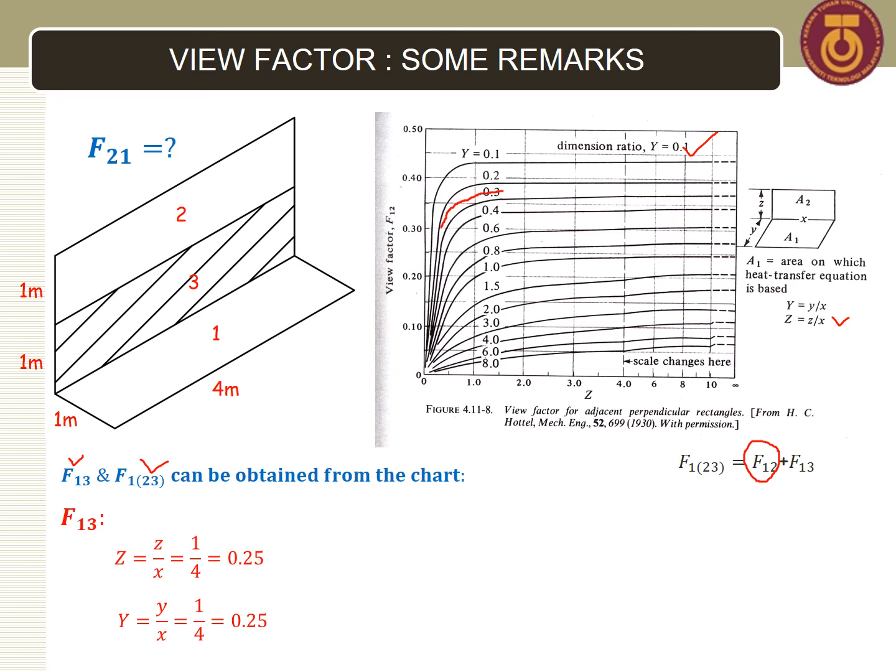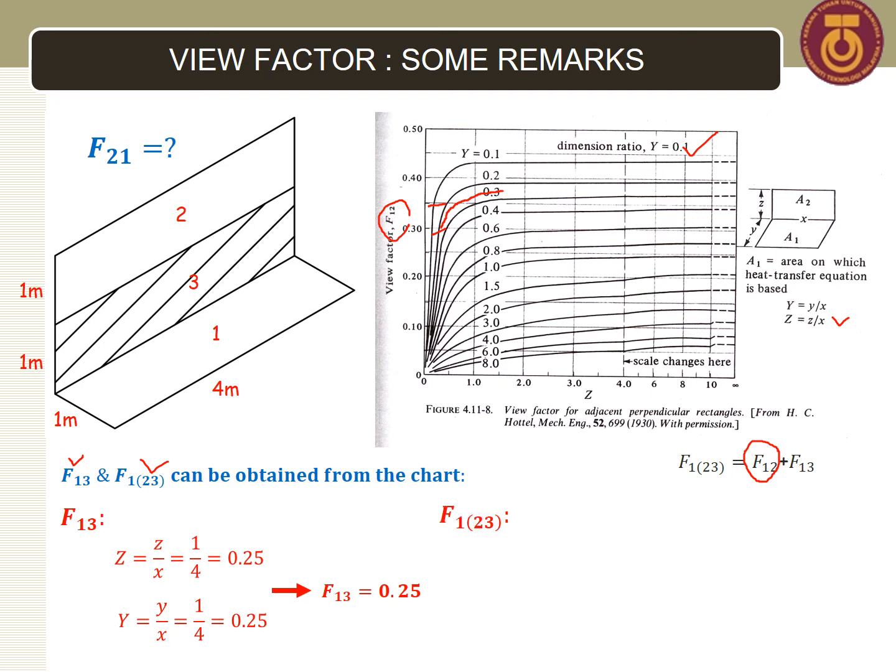Of course, a more accurate way is to use interpolation, whereby you take the two neighbouring curves and then use interpolation to determine the value. If you do that, you will get from the chart that F13 is almost equal to 0.25 as well.